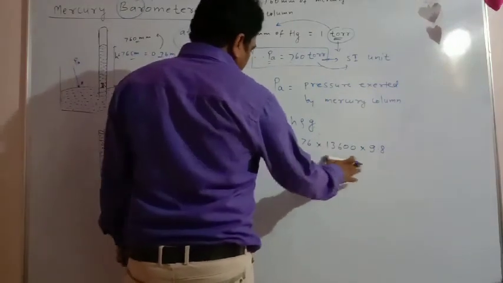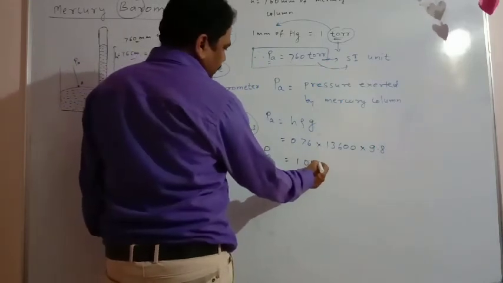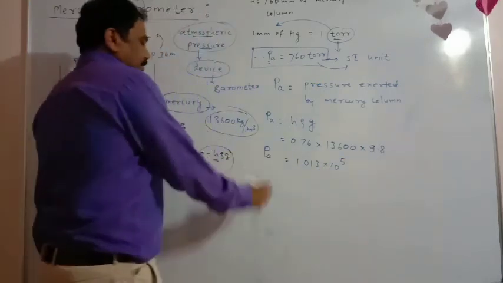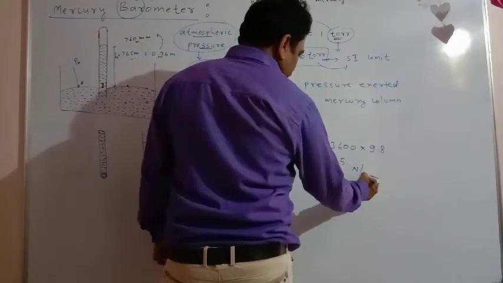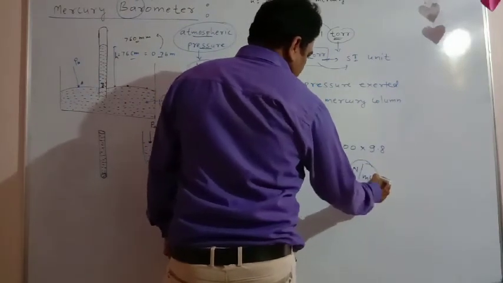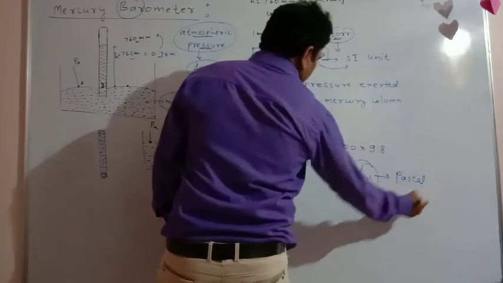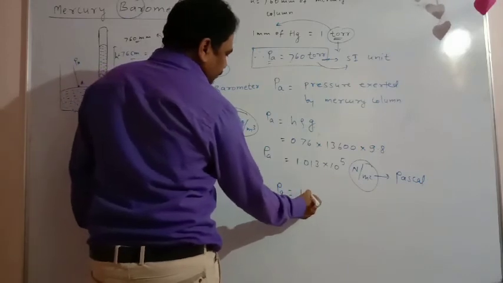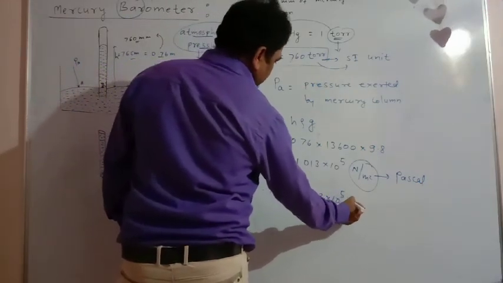The calculation of this term must be equal to 1.013 into 10 to the power 5, and pressure is measured in Newton per meter square, which is called Pascal. Therefore atmospheric pressure is equal to 1.013 into 10 to the power 5 Pascal.